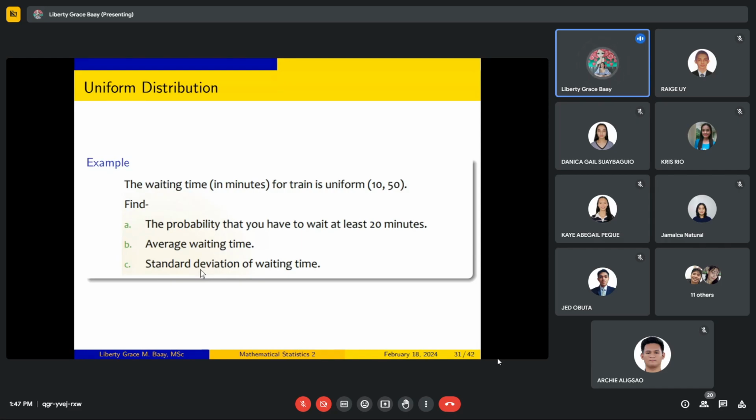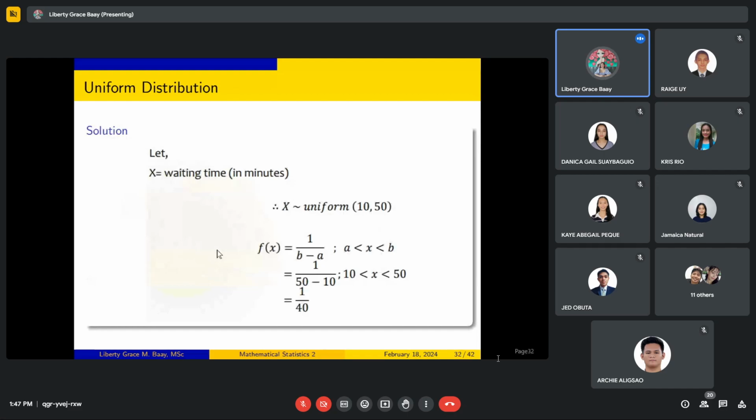So x is the waiting time in minutes, uniformly distributed with a equal to 10 and b equal to 50. So 1 minus, using the PDF, this is equal to 1 over b minus a.